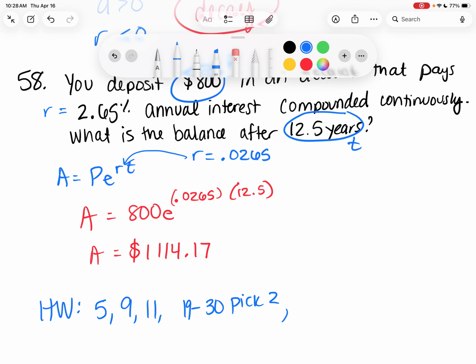And then 33, 35, and wait. No, 33 and 37. Sorry, I can't read my paper. And then 57. There we go. I was blending my 37 and 57 together and making it 35. So 57 will be a word problem just like the one we just did. Just the person and stuff is different.